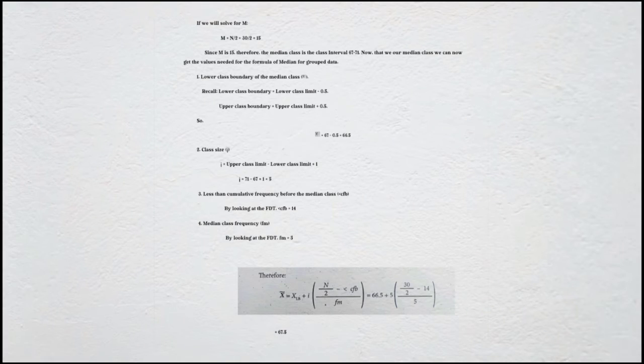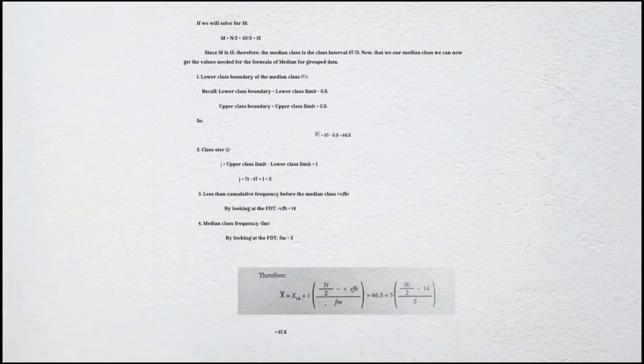If we solve for m, so m is equal to n over 2, which is 30 over 2, equal to 15. Since m is 15, therefore the median class is the class interval 67 to 71. So that's our median class. Now that we know our median class, we can now get the values needed for the formula of median for grouped data.